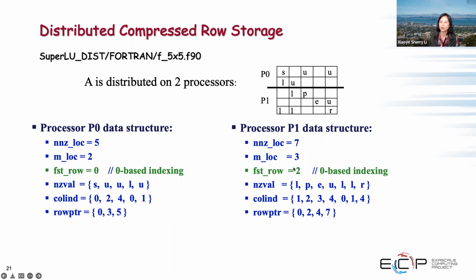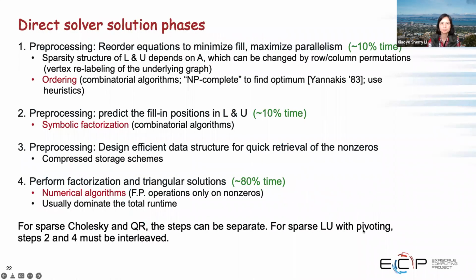In SuperLU, it's C language, so everything, the indexing, is 0-based. So the rows globally are 0, 1, 2, 3, 4. That's why on process 1 the first row is 2, and the values will be just the compressed row representation. Okay, let's move to the solver phase.